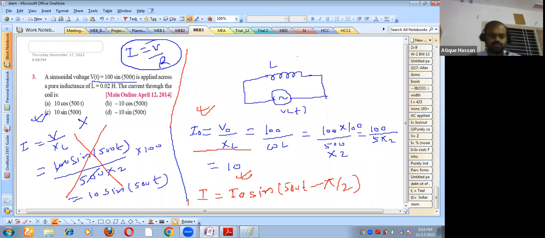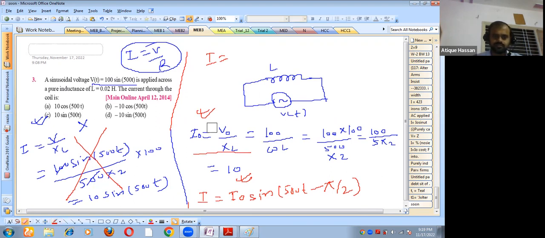So you will get the value of current as I is equal to I naught, which we got as 10, sine of omega t minus pi by 2. You can also write it like this, taking the minus outside: I is equal to minus I naught sine of pi by 2 minus 500t.